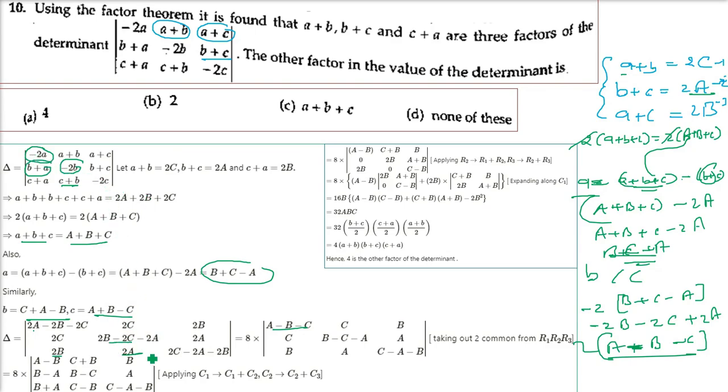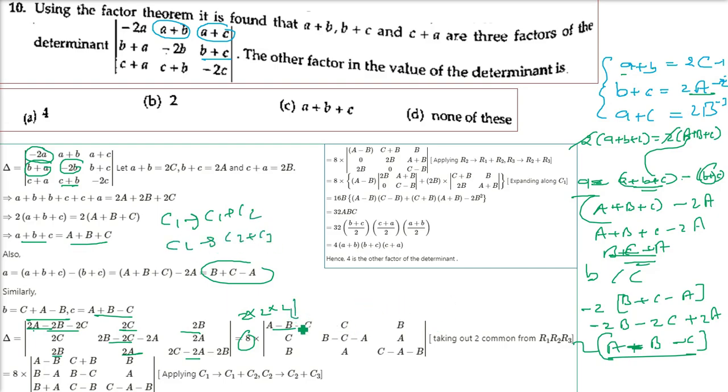Now, why do we require it? Now you see, in a row or column, you can take 2 common. You get 2 common either from the rows or the columns. So 2 into 2 into 2, that is going to be 8. So 8 you have taken common. So this whole determinant, we change column 1 to column 1 plus column 2 and column 2 to column 2 plus column 3.